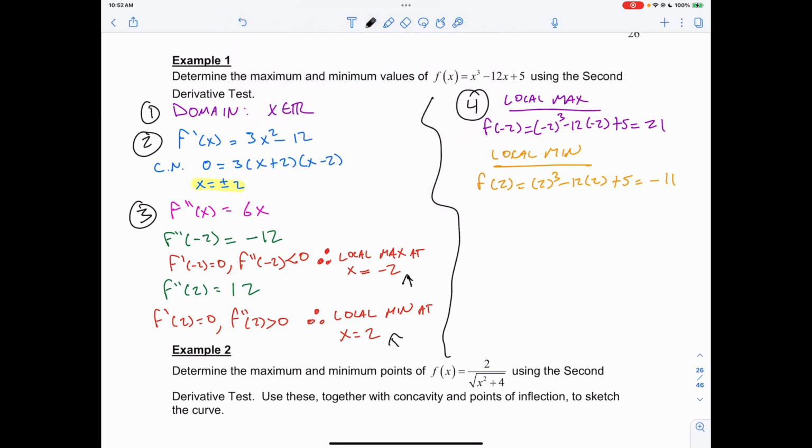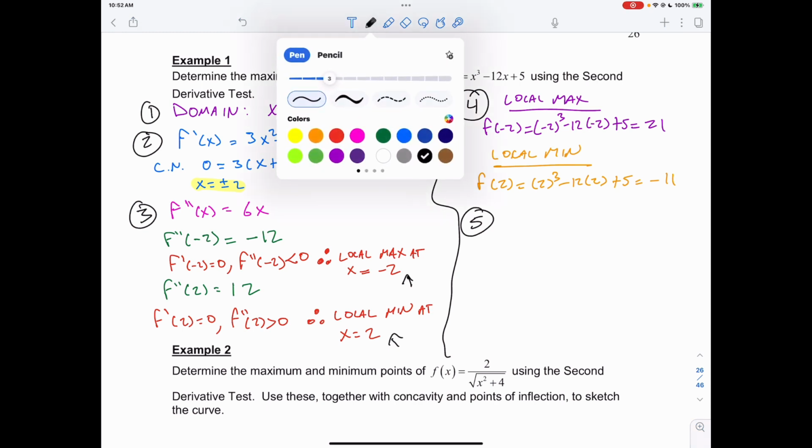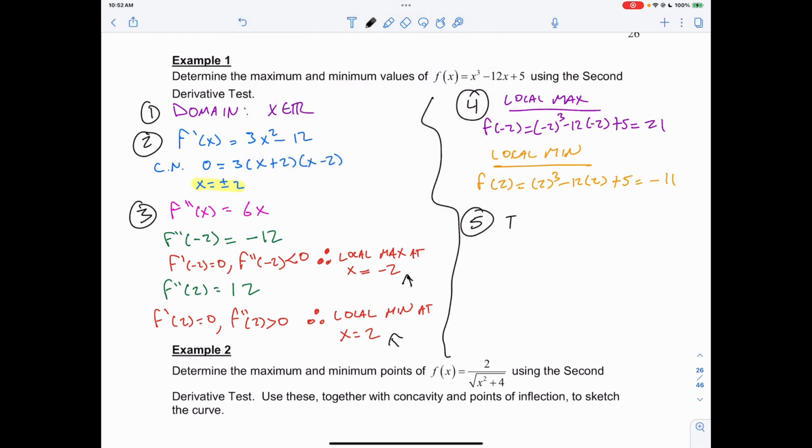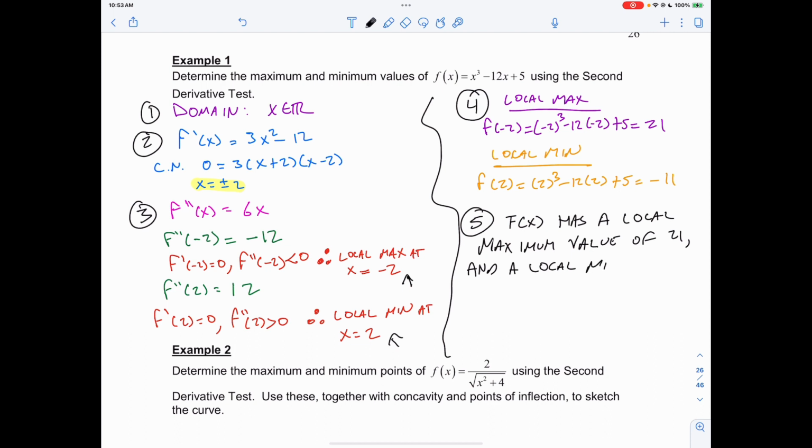And then finally, I do my statement. Therefore, f of x has a local maximum value of 21 and a local minimum value of negative 11.